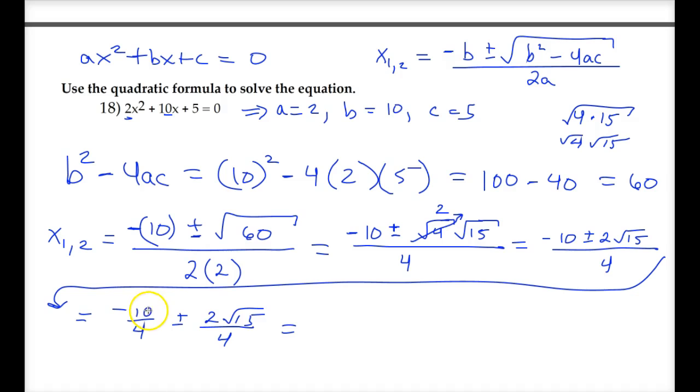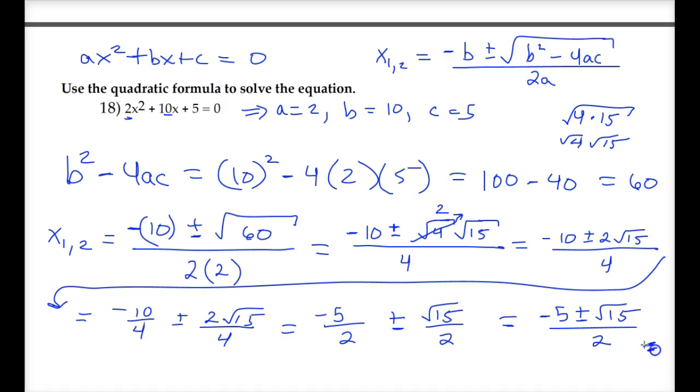So 2 goes into 10 5 times, 2 goes into 4 2 times, plus or minus. 2 goes into 4 2 times, so this would just reduce to 1 over 2, so that would be square root of 15 over 2, like that, okay? And then of course, since both of these have the same denominator, you can bring these back together. Say plus or minus square root of 15 all over 2. And so this should be your final answer.